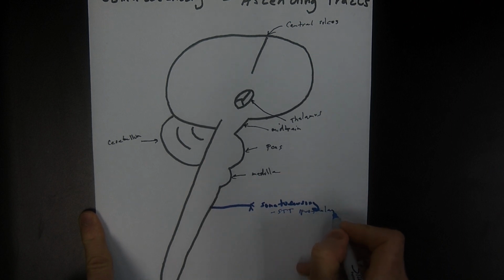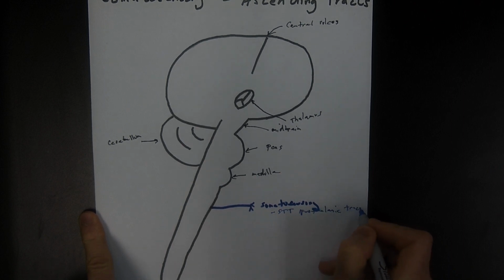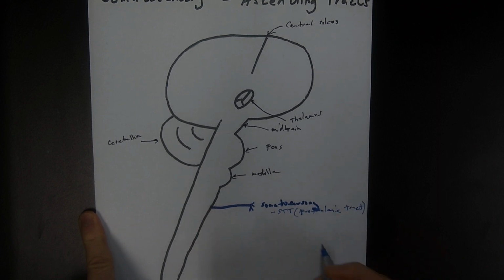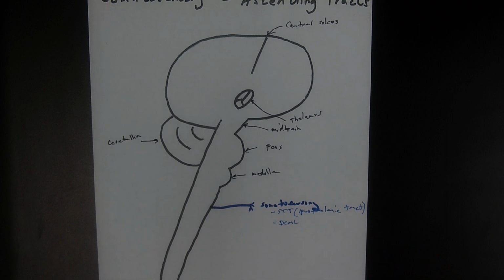And the other one is DCML, your dorsal column medial lemniscus. We're going to talk about those in a lot more detail. Again, this is just the big overview.